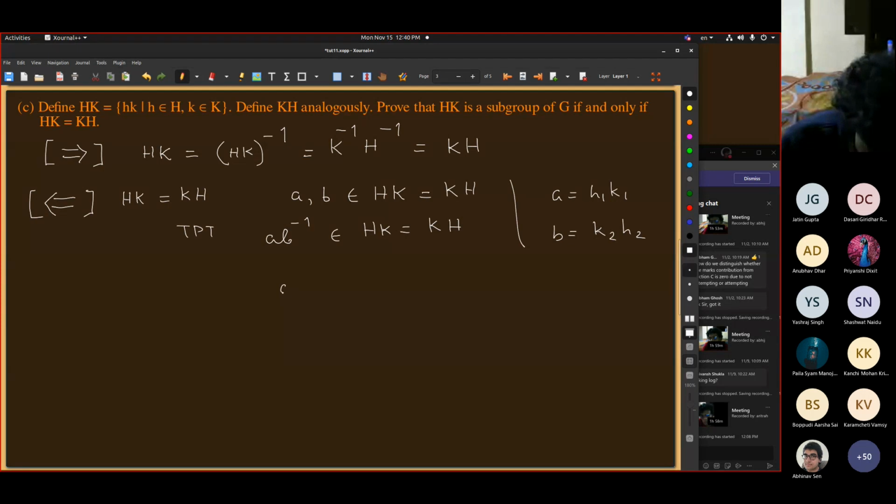Then what is a b inverse? h1 k1 times k2 h2 inverse. It doesn't matter, I could have taken this also as h2 k2. Does that simplify it a little bit?